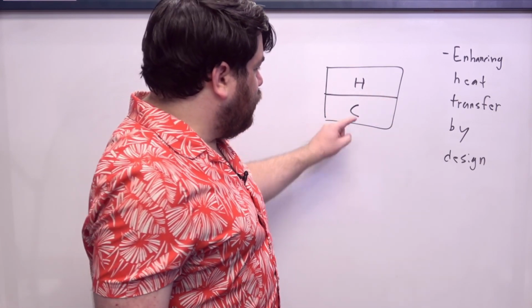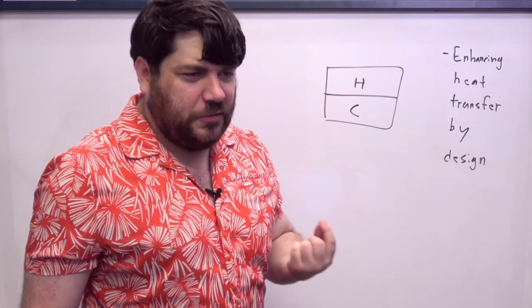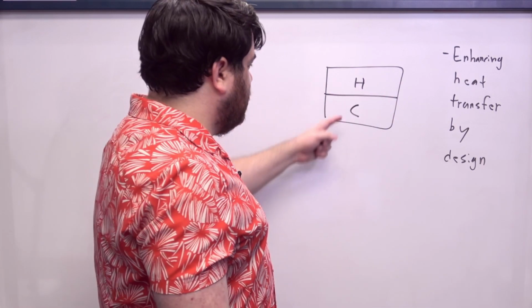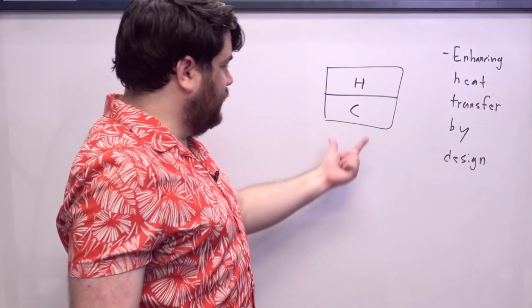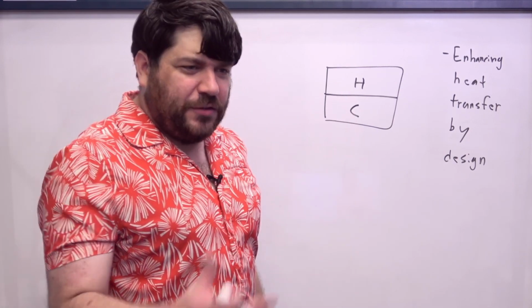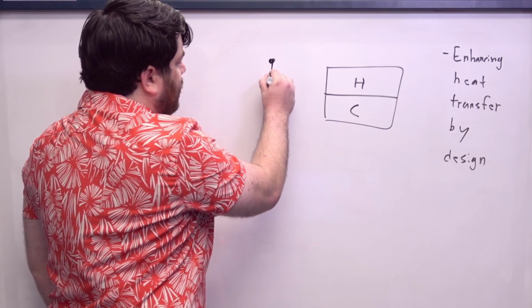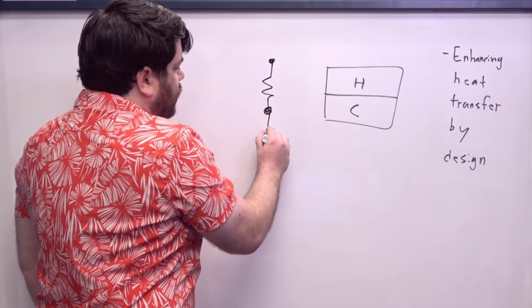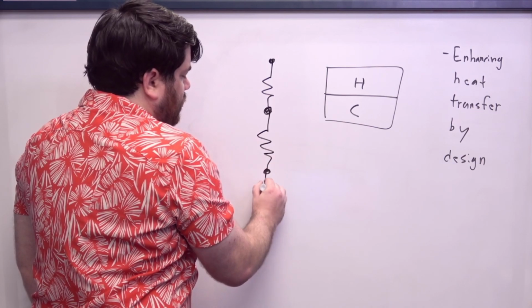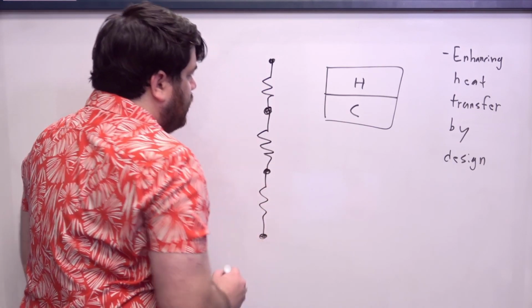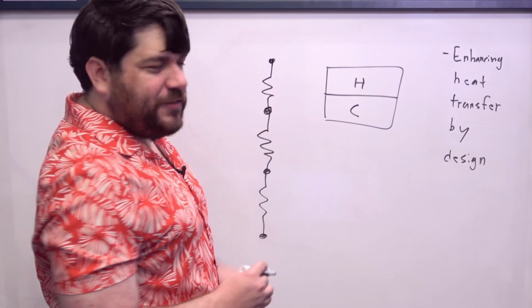And then this separating thing, which has some pretty small thickness, is also connected to this cold liquid over here. And so from the perspective of thermal circuit modeling, this basically looks like a series thermal circuit where we have a convective resistance here.